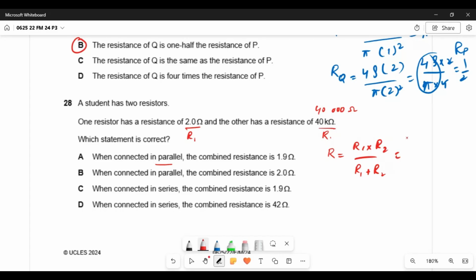So this value will be 2 times 40,000 over 2 plus 40,000.